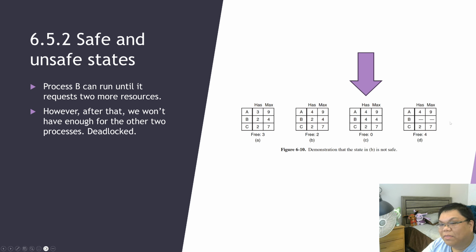After that, now we're stuck. Process A needs 5 more resources, which we don't have. Process C needs 5 more resources, which we don't have. So what this tells us is, if process A says, I need 1 more resource, deny that request, because it's going to lead to deadlock if we do that.